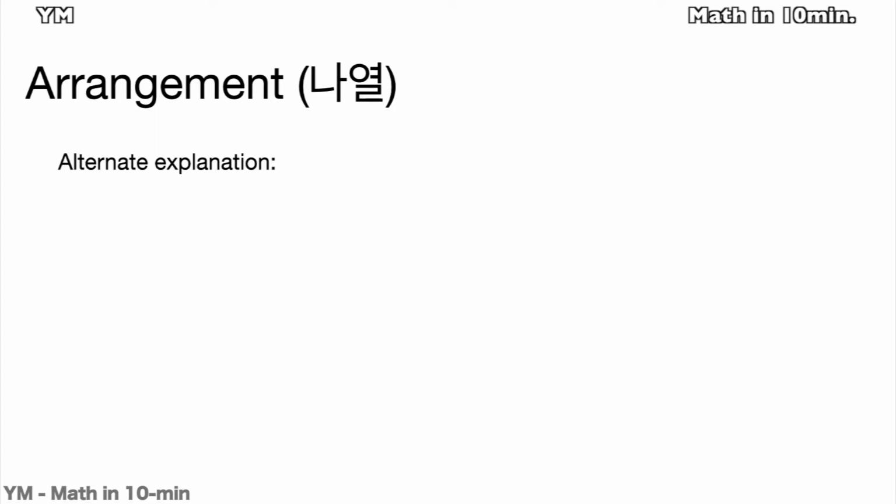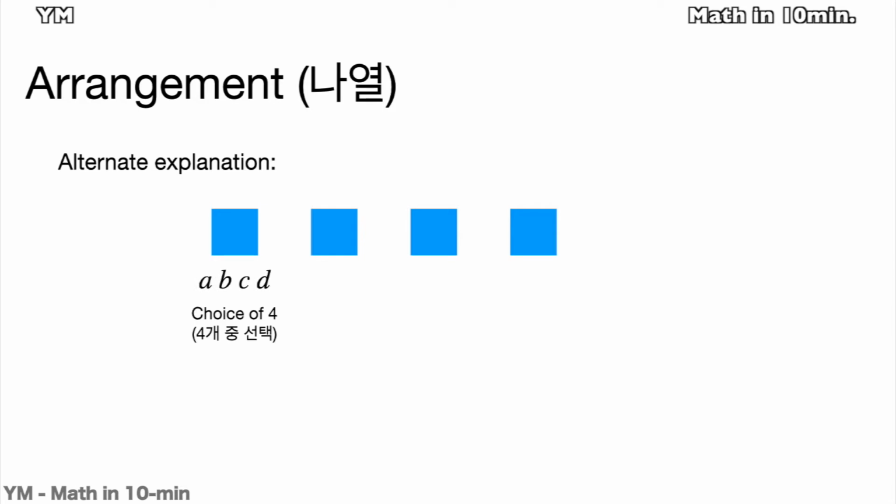The more you know about the various approaches, the more confident you'll be about this topic. For this explanation, let me bring the example of arranging 4 characters A, B, C, and D. Suppose that you arrange these 4 characters onto these 4 blue boxes. Then onto the first box, you have the option to choose one of these 4.